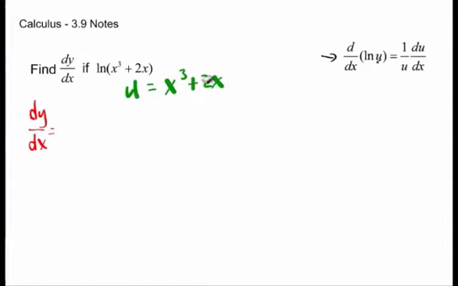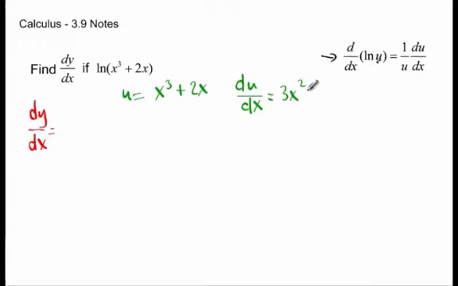And so du would equal, let me clean this up a little bit here. u would equal x cubed plus 2x. So du dx would equal 3x squared plus 2.